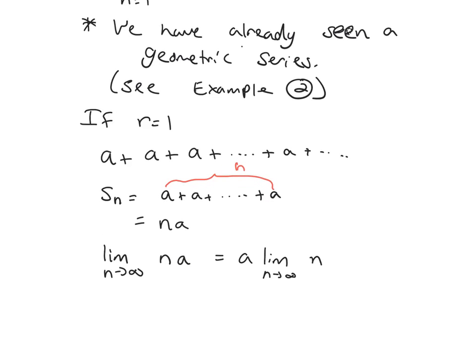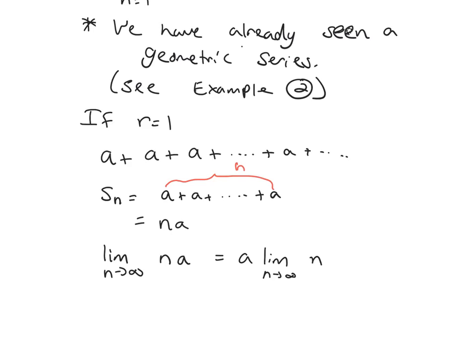What's that limit going to be? Infinity. Well, infinity times A, and remember, A is not 0, so it's either positive or negative. So in the end, my answer is either positive infinity or negative infinity, depending upon the value of A.